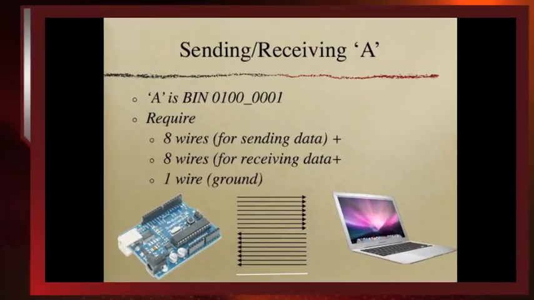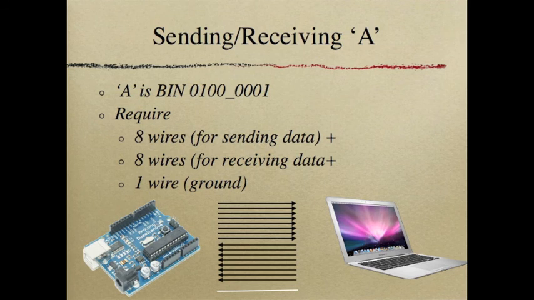Alright, let's move on to the next topic: serial communication. To ease understanding of serial communication, we have to first understand how we transmit or send data from one system to another. Now we know that ASCII values use 8 bits to represent a character. So what if you want to send a letter A from one machine to another? How many wires do we need?